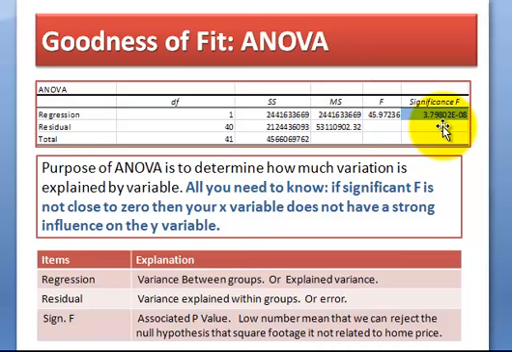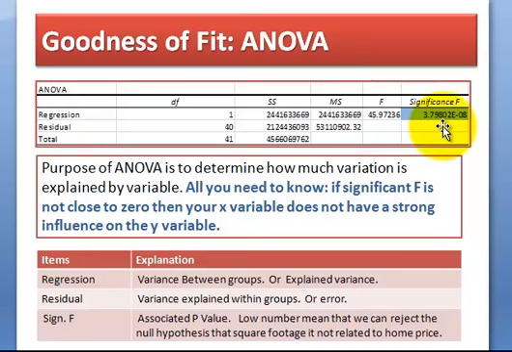So the probability of that happening is almost zero, which means that we can reject the null hypothesis that there's no statistical relationship between square footage and price of the home.